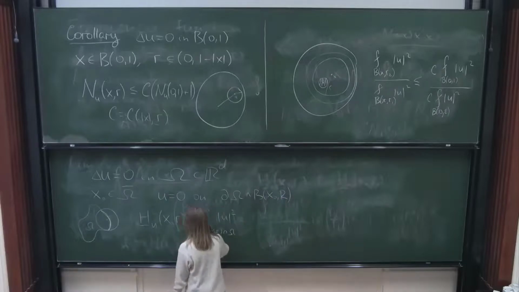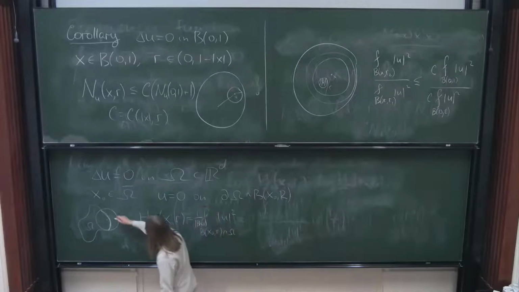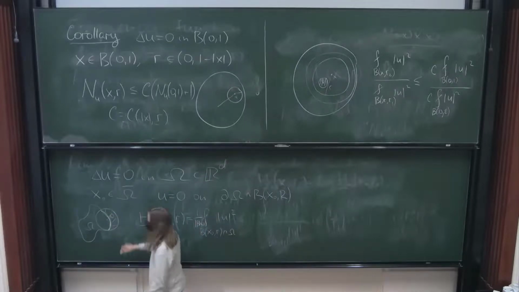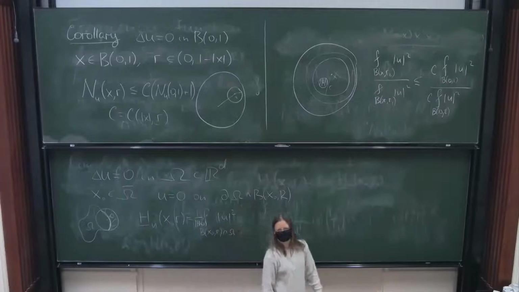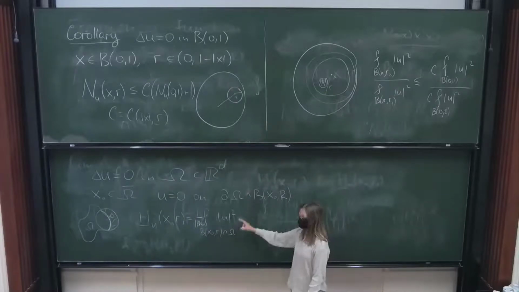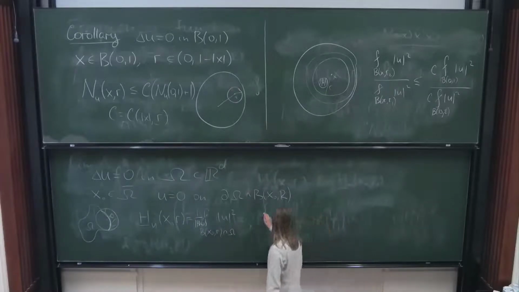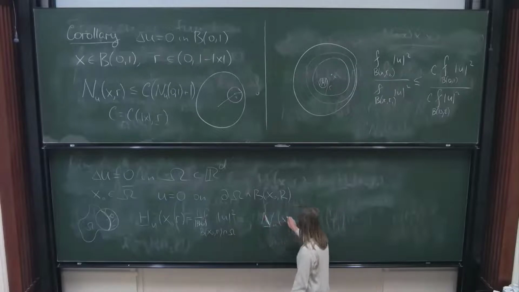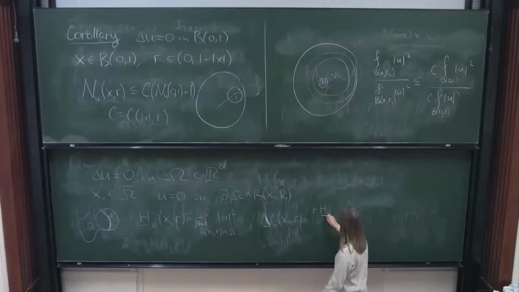You can think that we extend our function to be 0 here and then take the average. So this is the function h, and the log of frequency as before is this version.